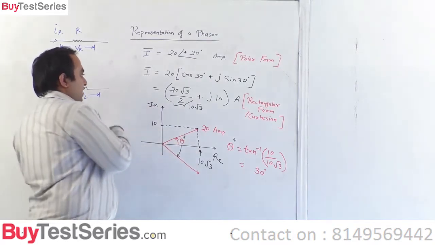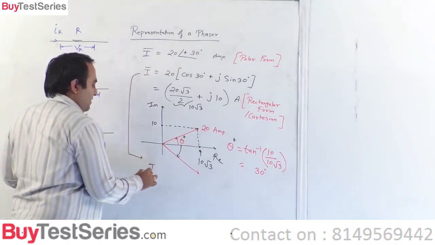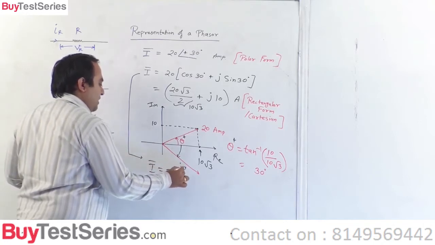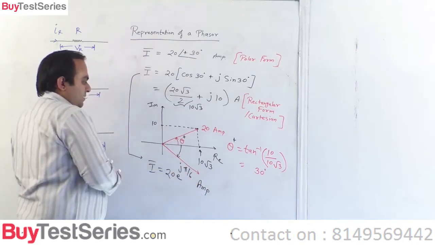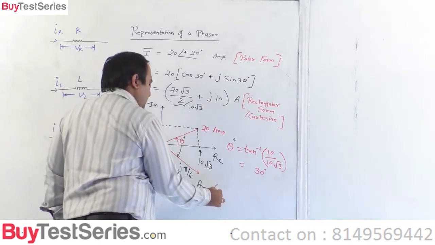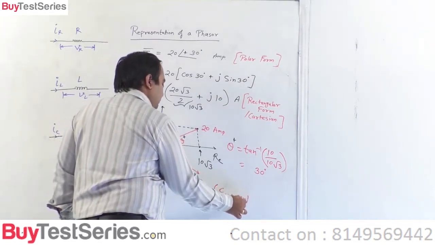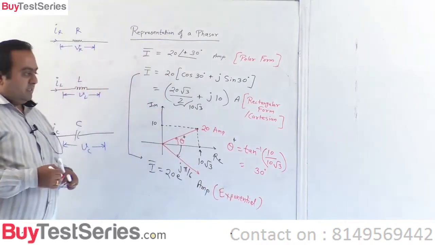Another way of representing it is, we can say the I phasor is 20 e raised to power j pi by 6, this much of amperes, and that is called the exponential way of representing a phasor.